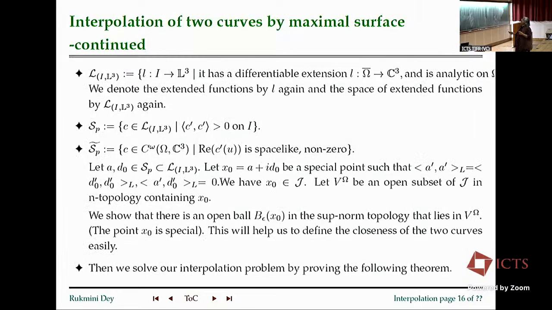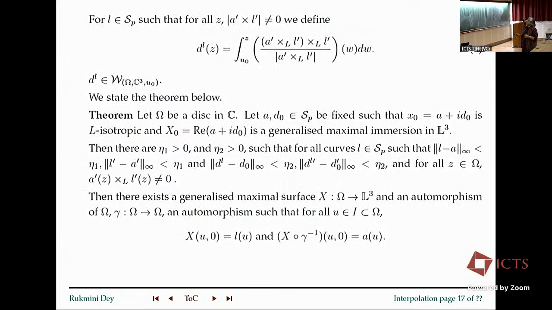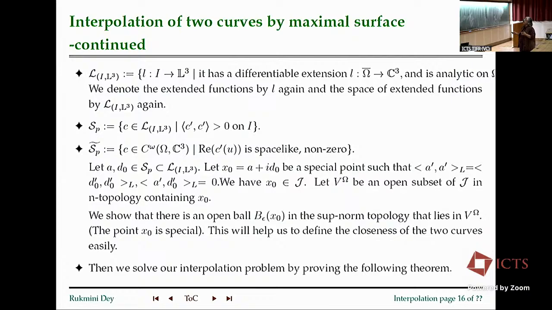Then it's a matter of applying the inverse function theorem around A plus I d0, X0 equal to A plus I d0, and finding the neighborhood so that the inverse function theorem neighborhoods are compatible with these neighborhoods. There are a lot of things I am not saying, because you have to actually find a special ball about x naught.